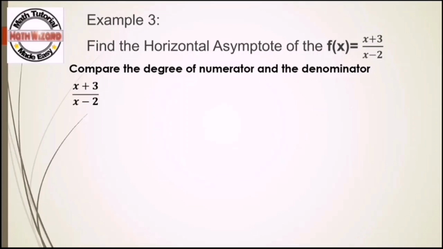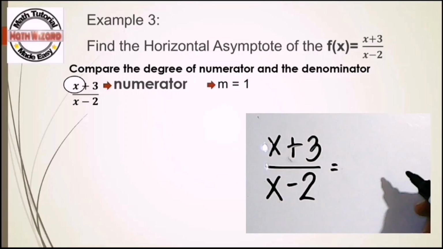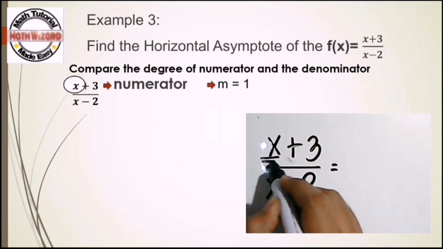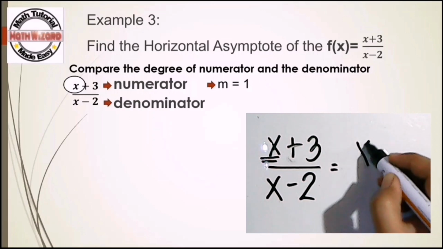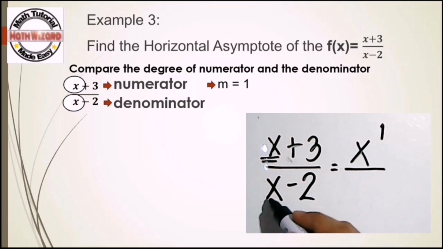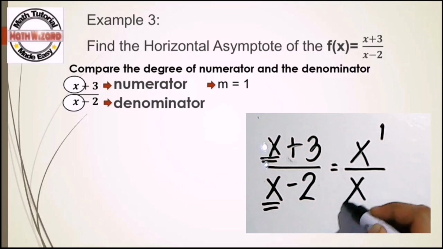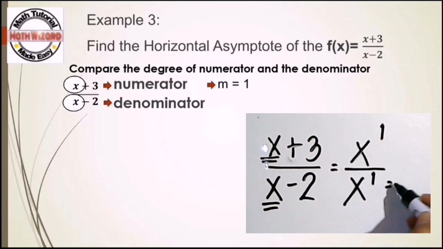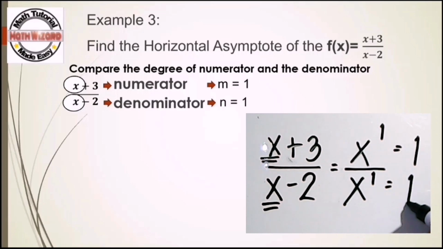As we can see, the degree of the numerator is x, wherein the exponent is 1, or the first degree. And the denominator here, as we can see, x is the degree, wherein it is at first degree. N is equal to 1.